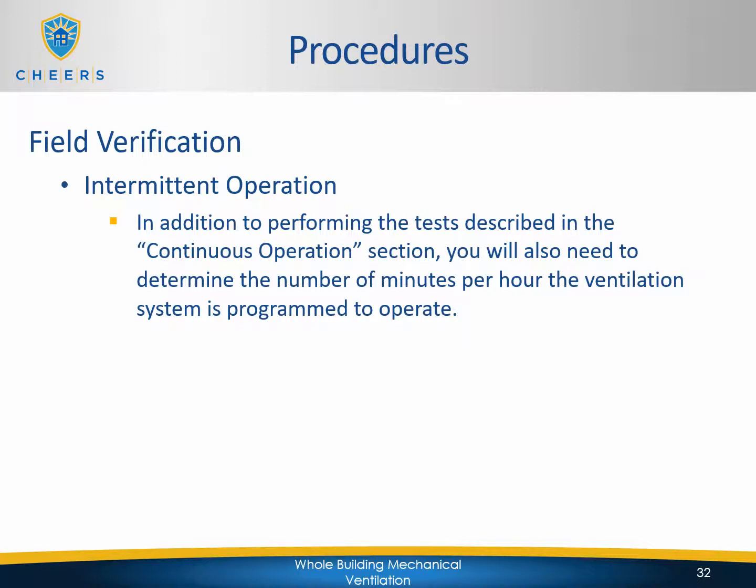So we need to be able to determine through a calculation if that additional airflow is sufficient to meet the continuous flow rate. So you'll need to perform the same test, collect your airflow, and also determine how many minutes per hour that fan runs, so that you'll enter that data into the CF3R, and it will perform that calculation for you to let you know if it meets that minimum requirement.